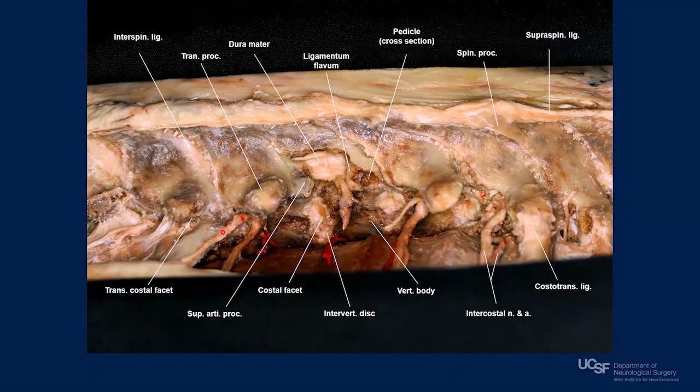We see that the nerve root has a dorsal and ventral rami, and that the dorsal rami is going to travel over the superior edge of the rib. Anteriorly, we see the costal demifacet, and we also see the interbody space with the intervertebral disc. We can identify the bodies, and anterior to that, we can also identify the pleura.